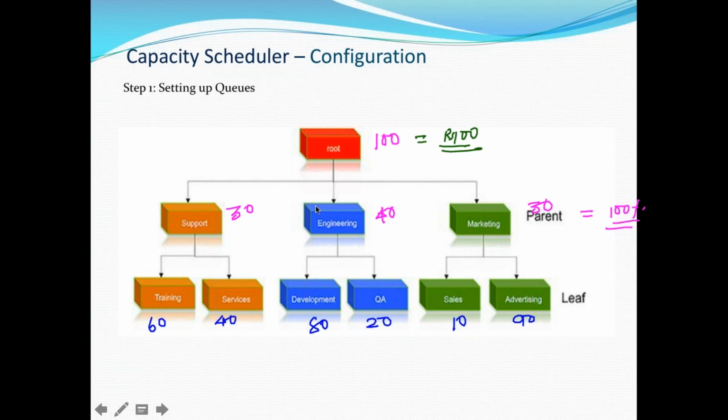Out of this 100 rupees, 30 rupees will be given to support, 40 rupees to engineering, and 30 rupees to marketing. Out of this 30 rupees, what is 60% of 30 rupees?